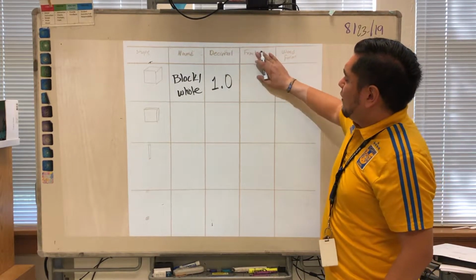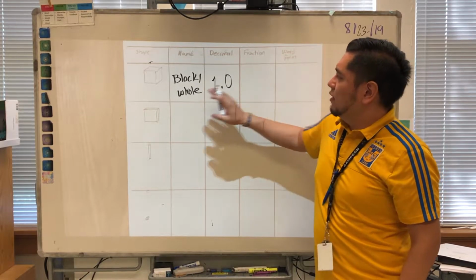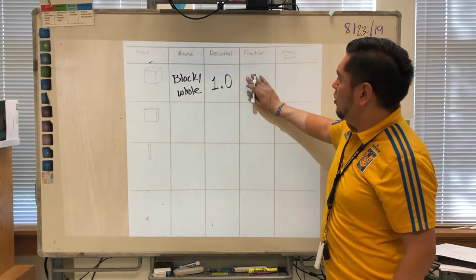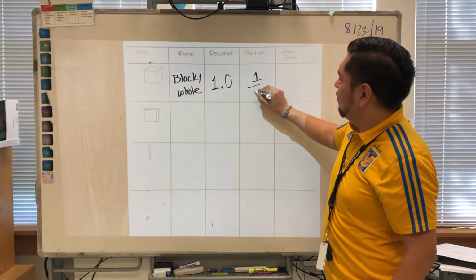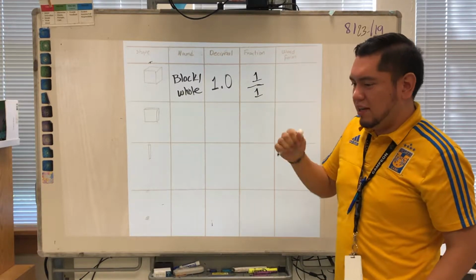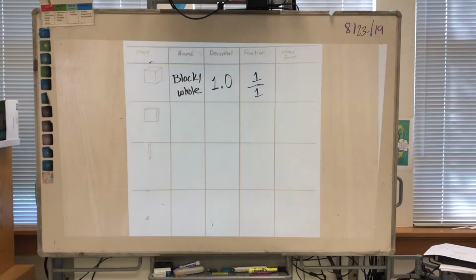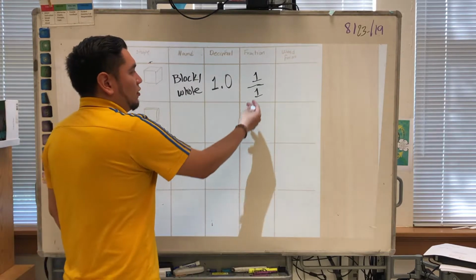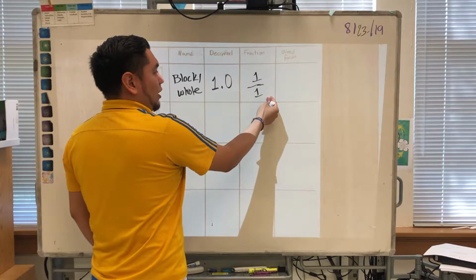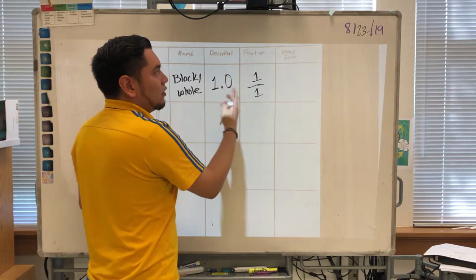Now, the fraction of this shape of your whole is gonna be 1/1. Okay, it's not missing any pieces. There's 1 block, and it's complete. Also, whenever you divide 1/1, 1 divided by 1 equals 1.